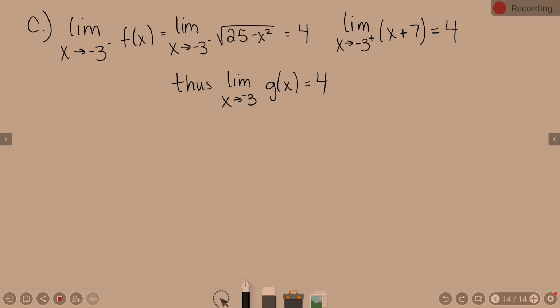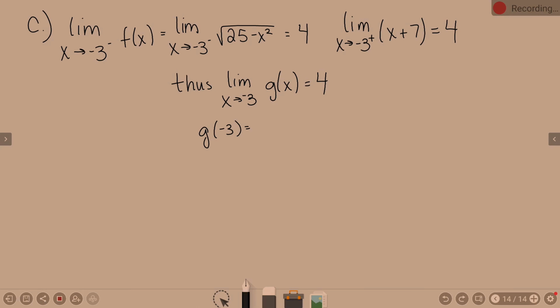Now, the one thing we need to know is what is g of -3? Well, how do we find g of -3? G of -3 means I take -3 and put it into g.